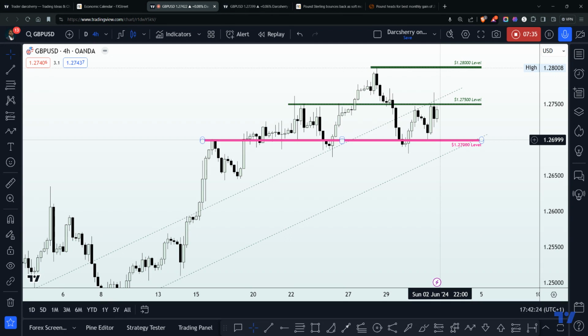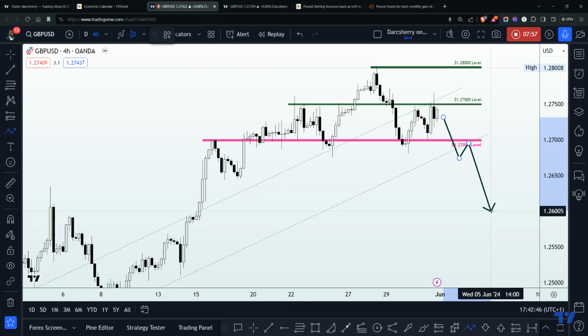So, should in case sellers have the privilege of capturing the momentum from the buyers, the only condition that will make me consider selling this asset is for price action to break down both the 1.2700 level and that ascending trend line to give me a beautiful signal to join that decline to the downside.